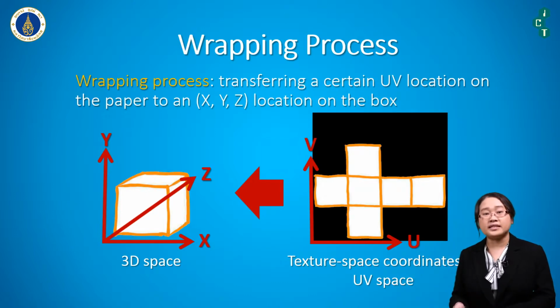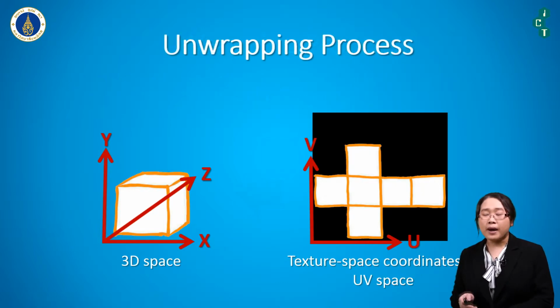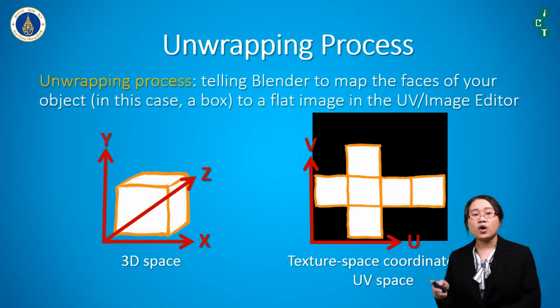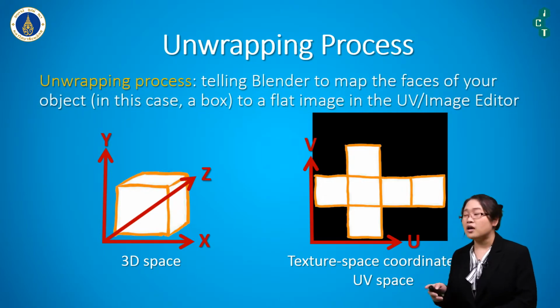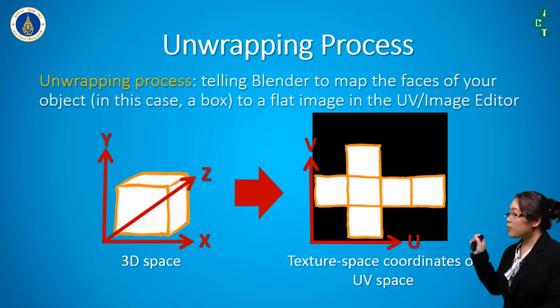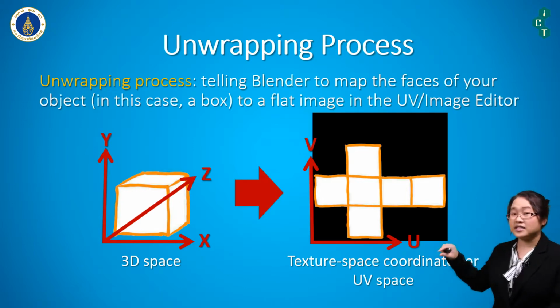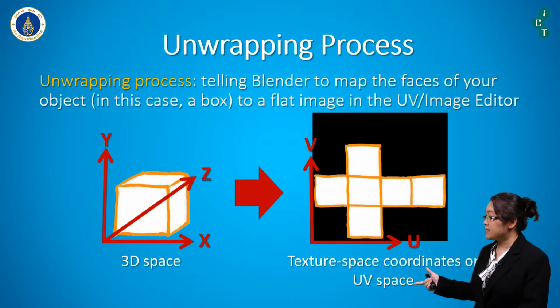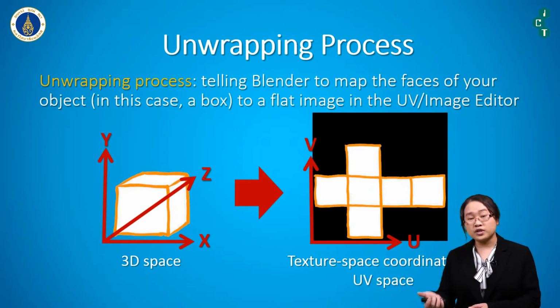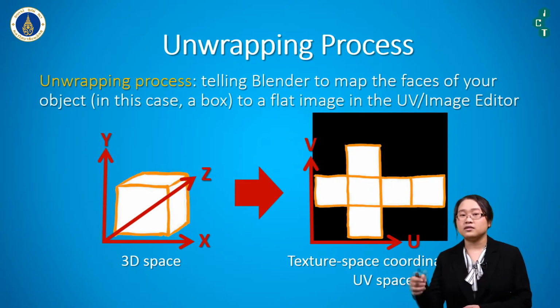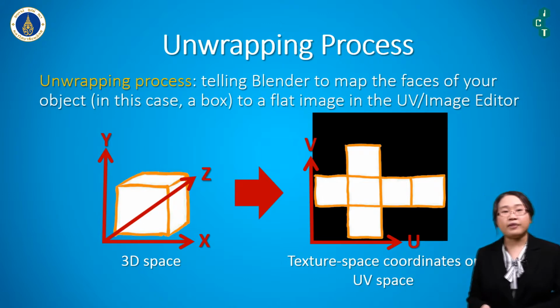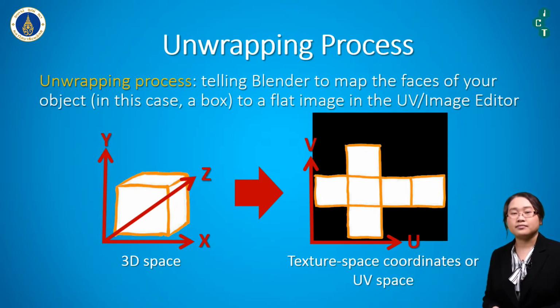We call that process wrapping. But in Blender, we are going to use the reverse process, which is unwrapping. Unwrapping is where you have the coordinates x, y, z in the 3D space, and you are going to find which position on an image you are going to use, and we call it unwrapping.